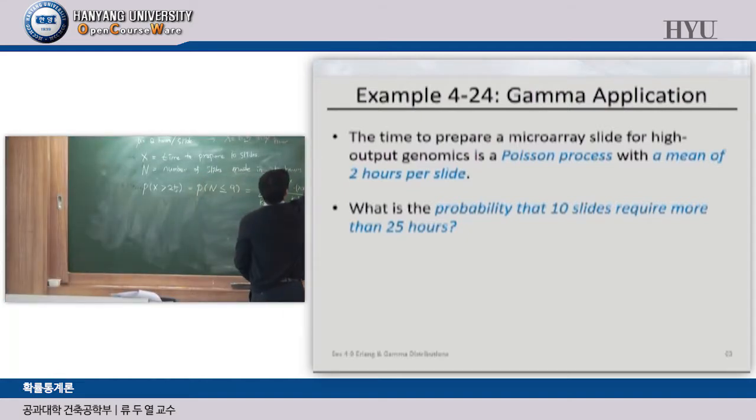So the lambda x is equal to 0.5 slide per hour times 25 hours. Okay? And hour can be eliminated, so this is 12.5 slides.